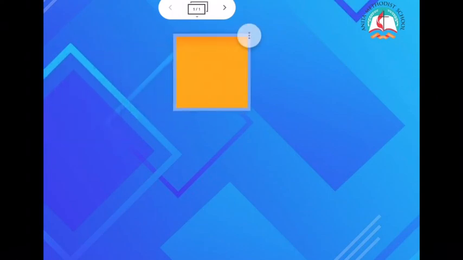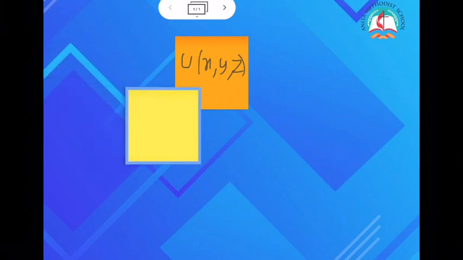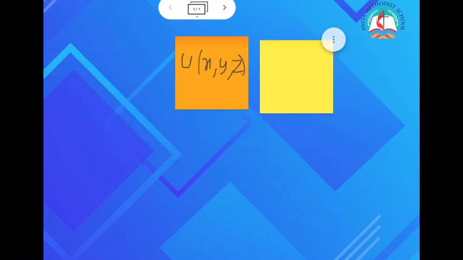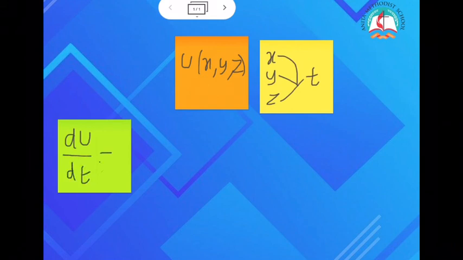Suppose I have a function u which has three variables x, y and z, and all three are functions of the same variable, let me take it as t. Then my du by dt, because I started with a function u and ended with t. So du by dt is equal to, what is the first one?